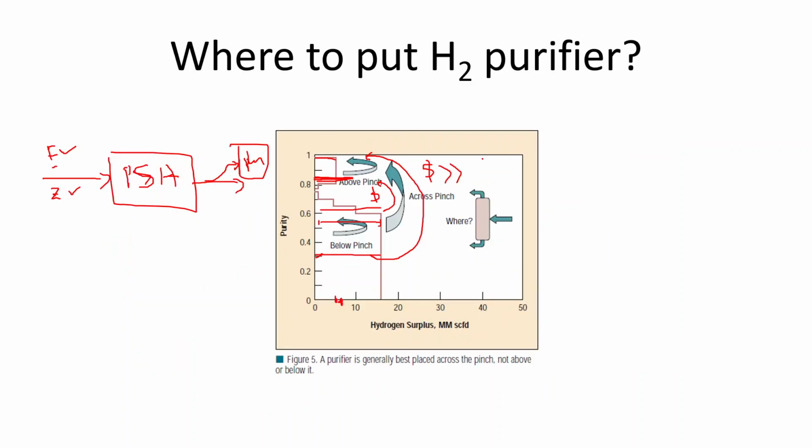And the second one is, if we are asked, for example, if we have a hydrogen purifier, how big is it? How big do we need? And from which condition to which condition shall we design it for? So that's how it will help you answer these two questions.